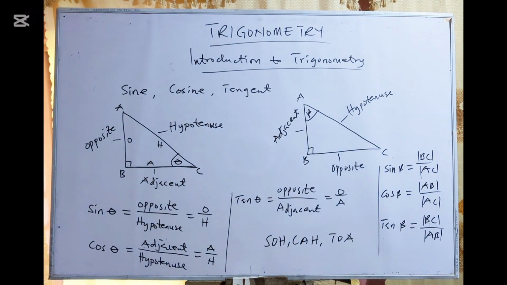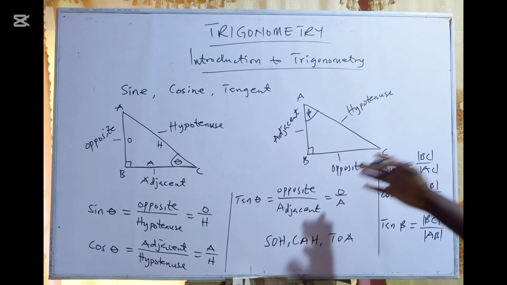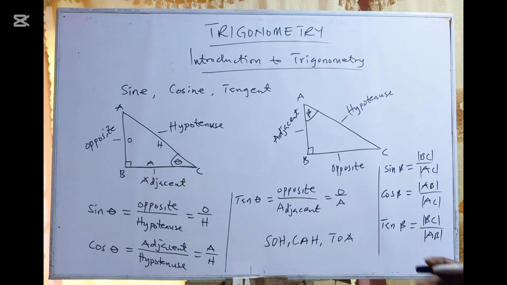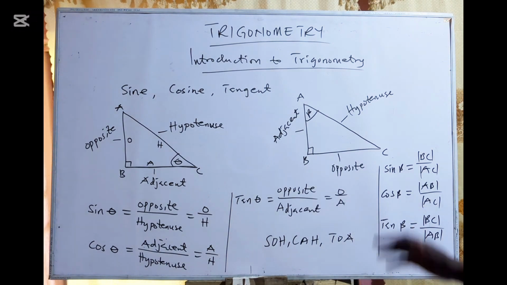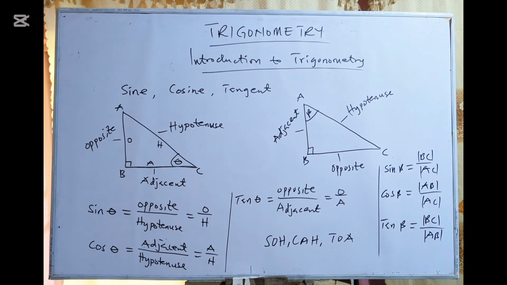So I believe you get the scenario for SOHCAHTOA, how we apply the sine, the cos, and then the tan for a right angle triangle. Let's continue and look at special angles like 30 degrees, 45 degrees, and 60 degrees, and how we can find the sine, the cos, and the tan.